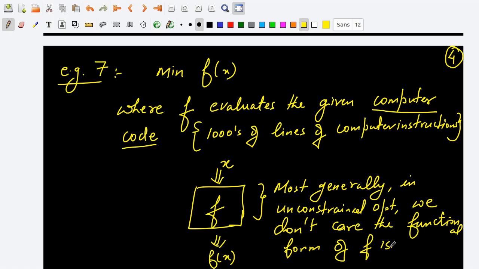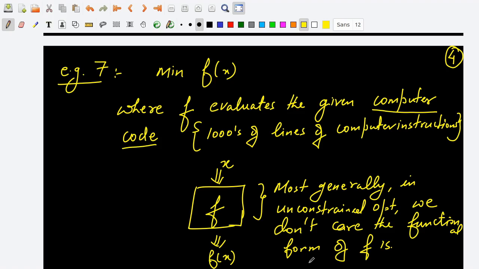Okay, so what we are given is some black box, and if you give this black box an x, it will magically spew out the value of the function at that point, and we would like to find the x where f is minimized.